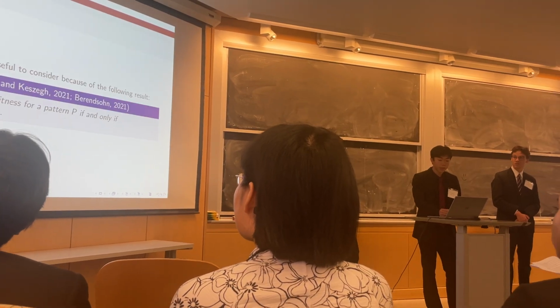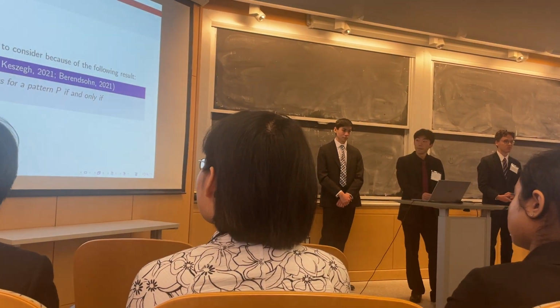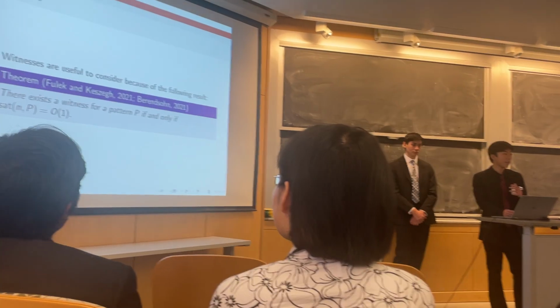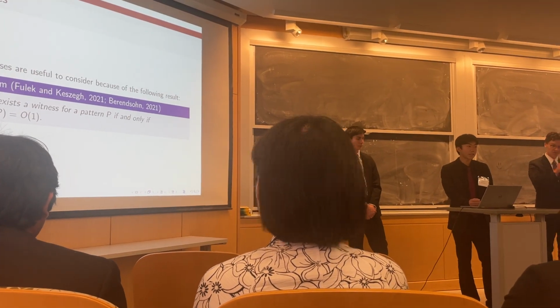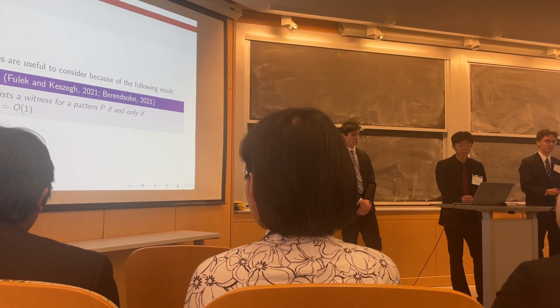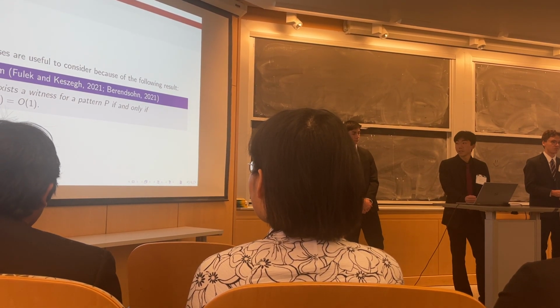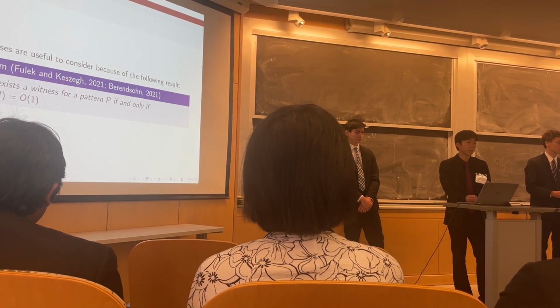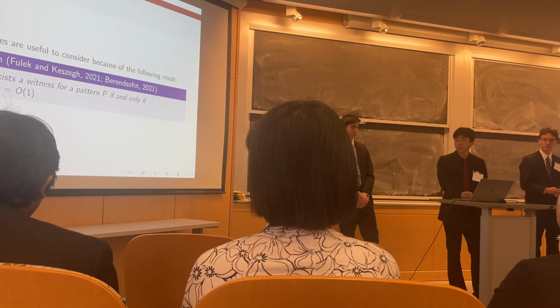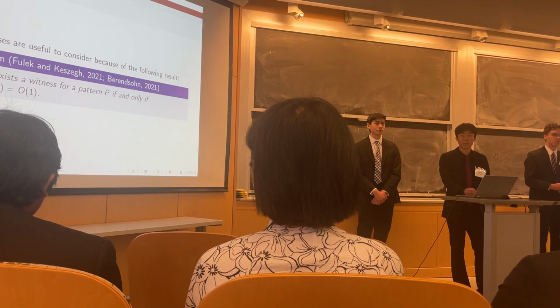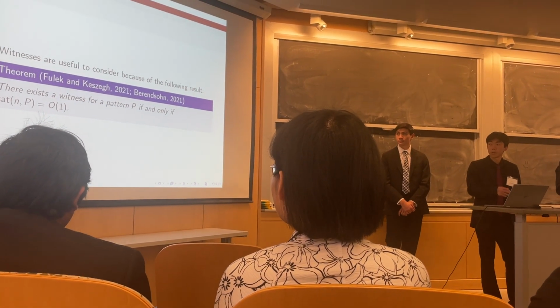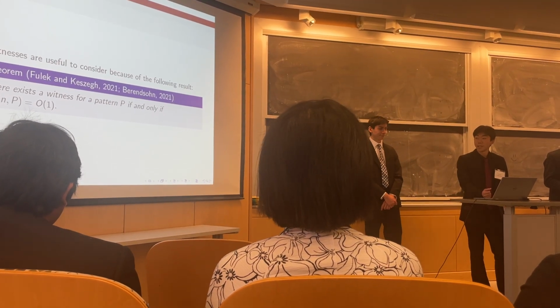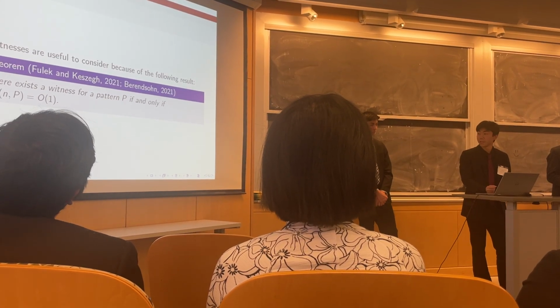Witnesses are useful because a pattern P has a bounded saturation function if and only if there exists a witness. What this means in practice is that if we want to find out whether the saturation function is linear or bounded, we can either construct a witness, which would show that there's a constant saturation function, or we can prove that such a witness can't exist.